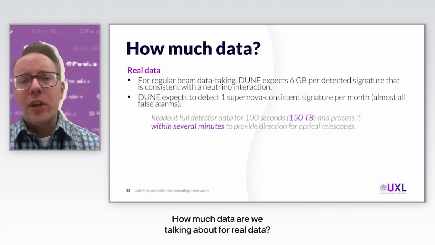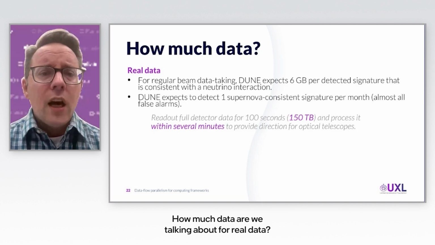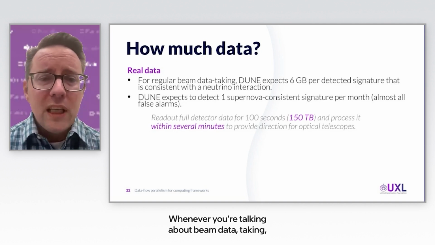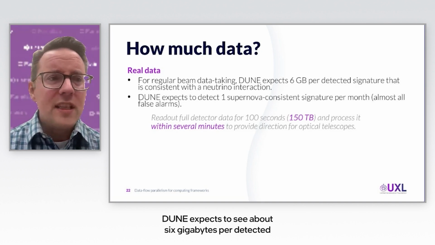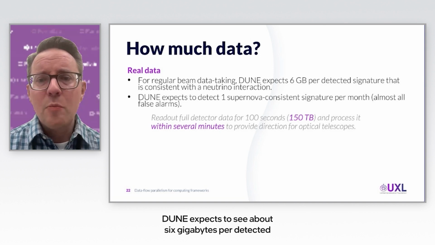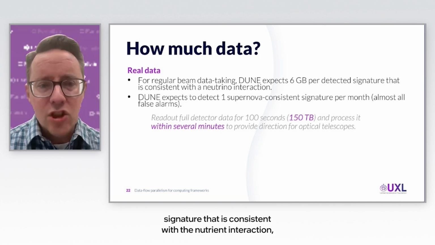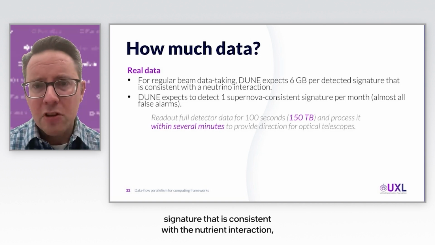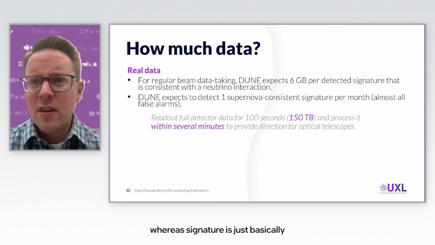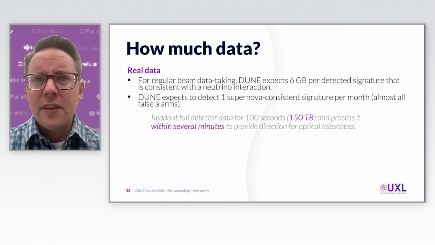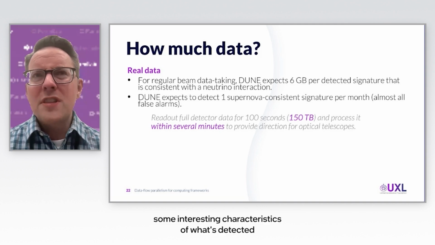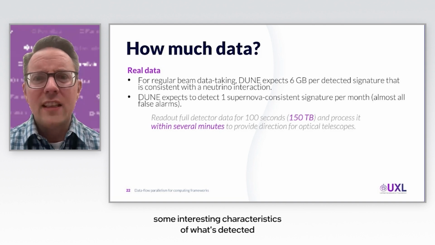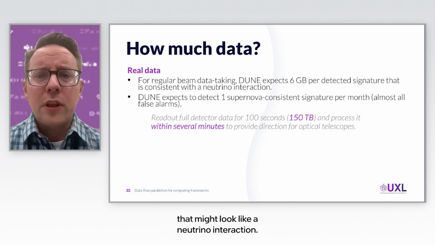How much data are we talking about? For real data, whenever you're talking about beam data taking, DUNE expects to see about 6 gigabytes per detected signature that is consistent with the neutrino interaction, where a signature is basically some interesting characteristics of what's detected that might look like a neutrino interaction.